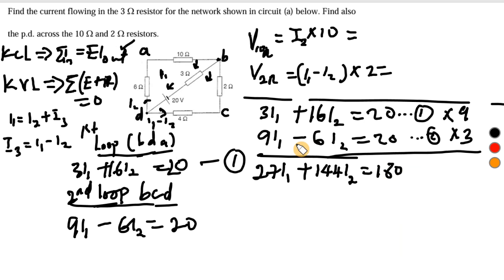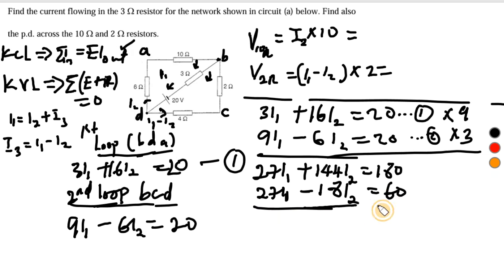Coming here, 9 times 3, this is 27 I1 minus 3 times 6, this is minus 18 I2 equals 3 times 20, this is 60.